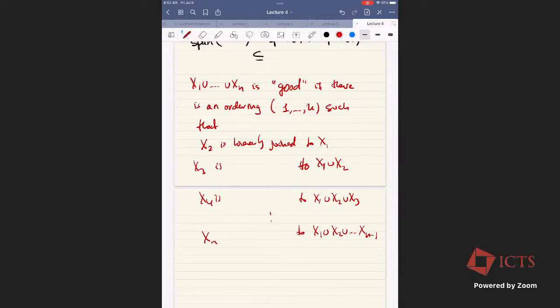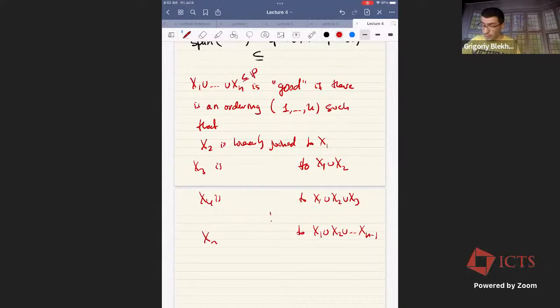Sorry, and where are these varieties sitting? So they're all inside some projective space. I used n already, so let me say inside P^k. So these are projective varieties. The point is that I'm gluing them together in a nice way, and this nice way may depend on an ordering.